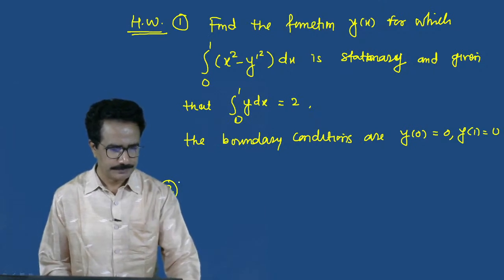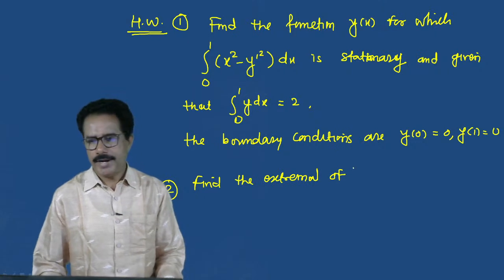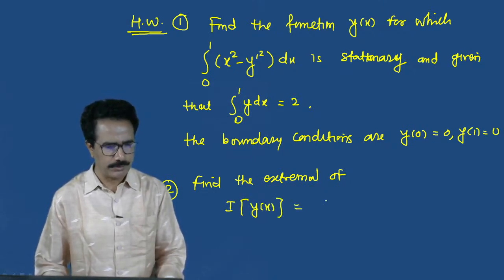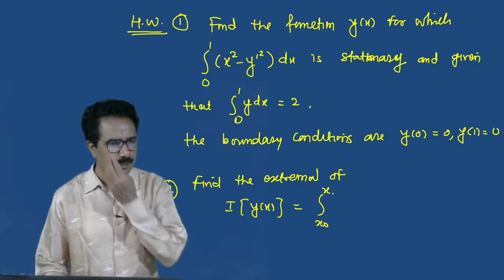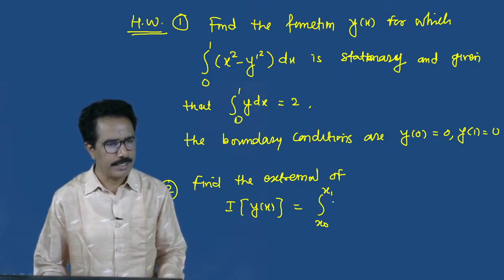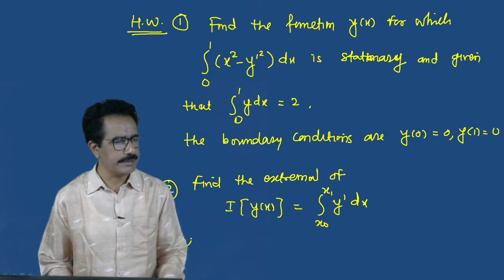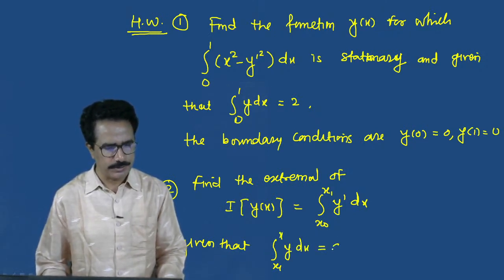Second, find the extremal of I of y of x, which is equal to the integral from x0 to x1 of y dash dx, given that the integral from x1 to x2 of y dx is equal to c.